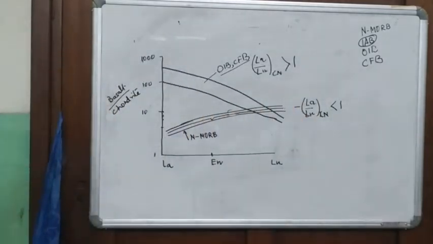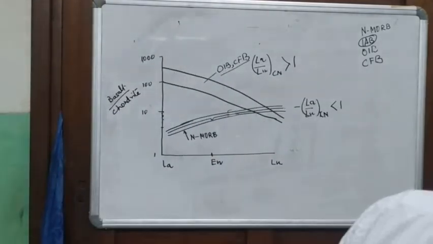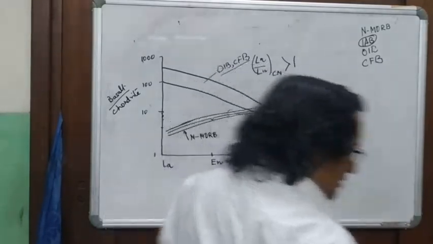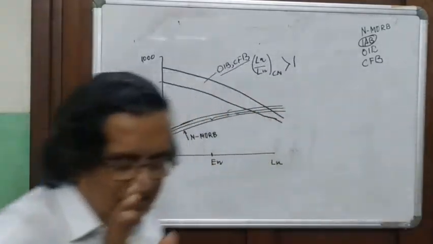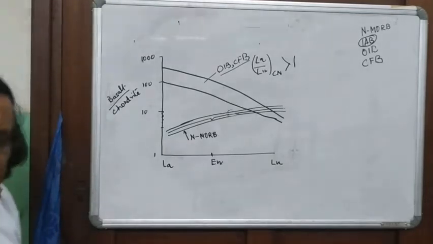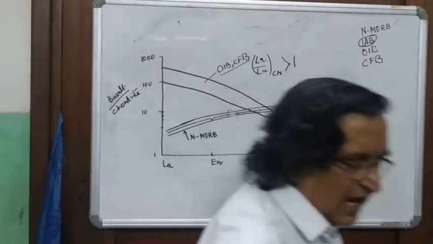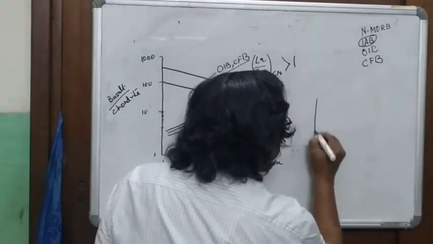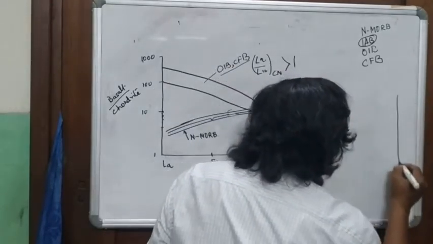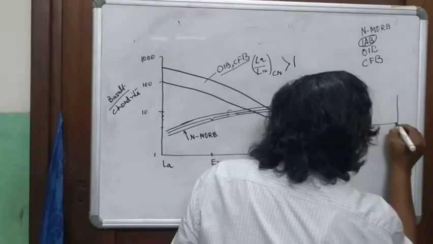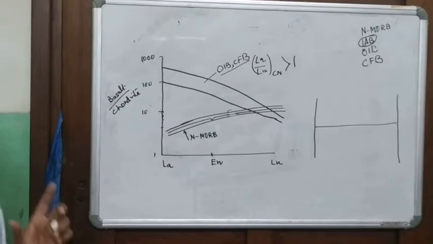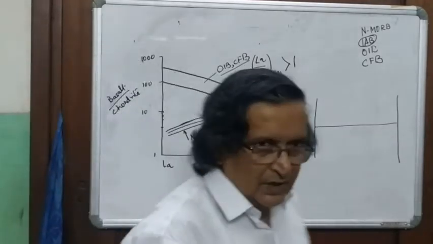Before I end here, I want to tell you one thing. I played a trick on you. Maybe those who have been intelligent have picked it up. When I took the rare earth elements, I always took a flat rare earth pattern.